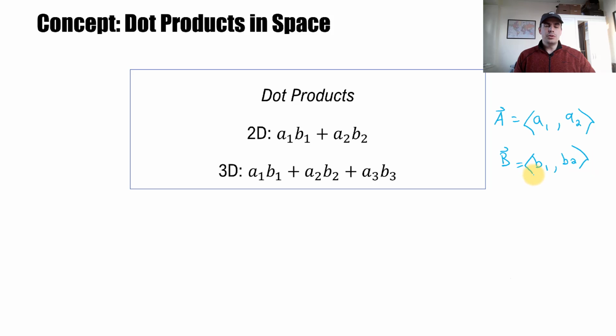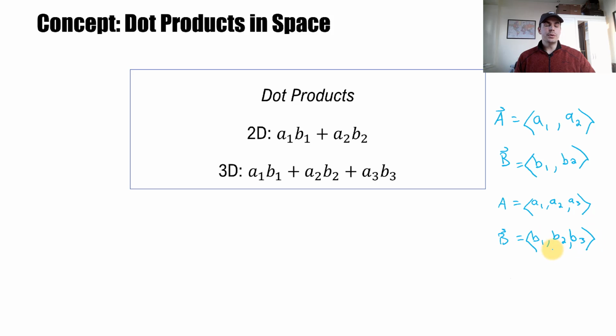Okay, that's our two-dimensional situation, but now in a three-dimensional context, if we have vector A, that would be, of course, A1, A2, A3, writing this in component form, and vector B would be B1, B2, and B3, again in component form.